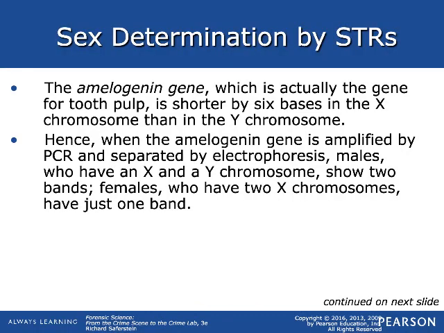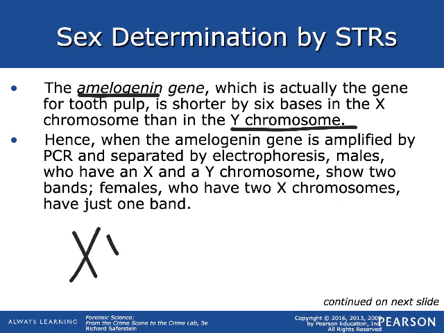Okay, now you can determine sex from the DNA. There's a gene, amelogenin, a gene for tooth pulp, and on the X chromosome it's shorter than it is on the Y chromosome.